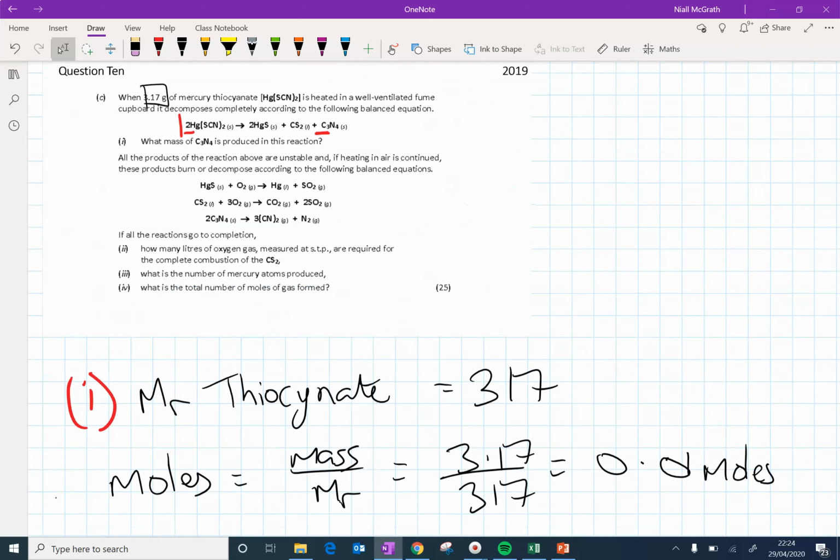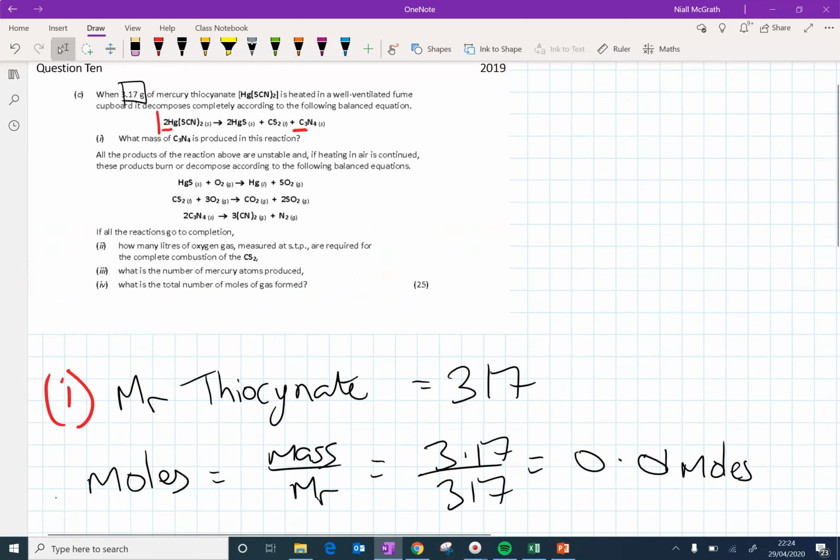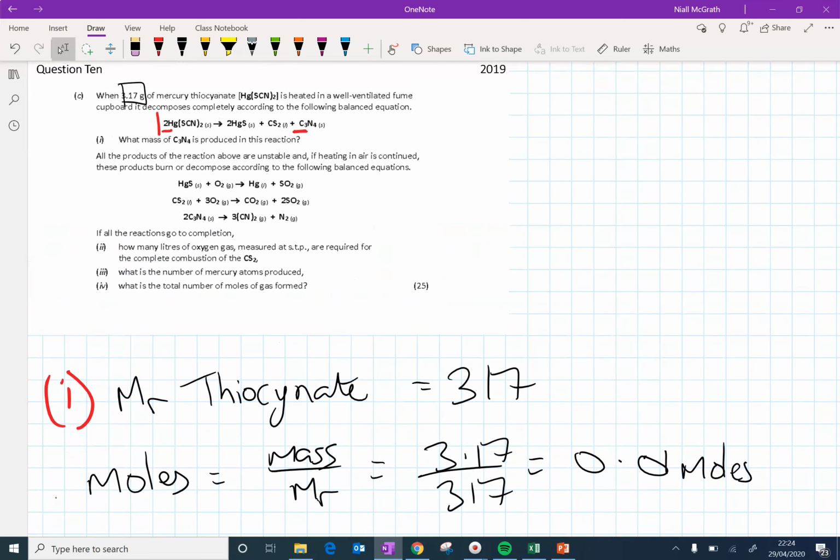Then, how many litres of oxygen gas measured at standard temperature and pressure are required for the complete combustion of CS2? If we look at our entire formula again, CS2 is present in our full equation up here as one of the products.